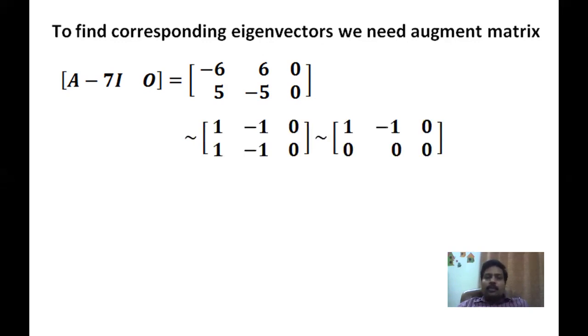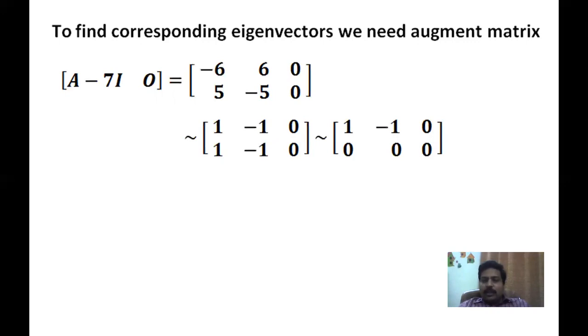The first row can be divided by minus 6, so that the entries will become 1, minus 1 and 0. Similarly, the second row can be divided by 5, so the entries of the second row are now 1, minus 1, 0. So this is equivalent to 1, minus 1, 0 and all zeros in the second row, just by performing the elementary operation R2 goes to R2 minus R1, since both the rows are equal.